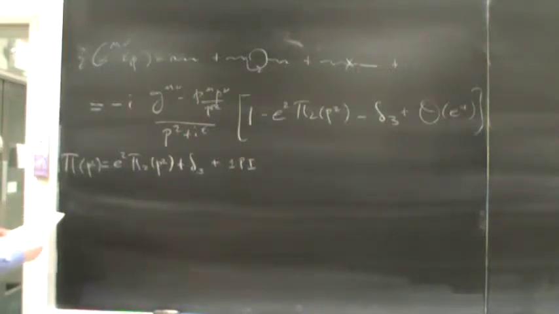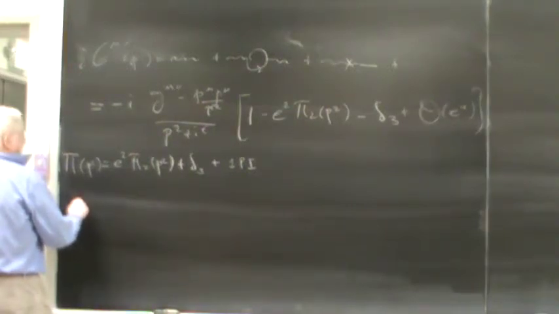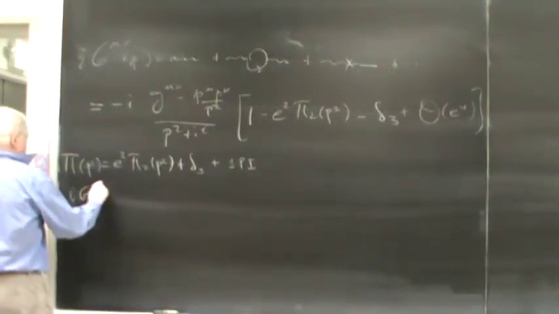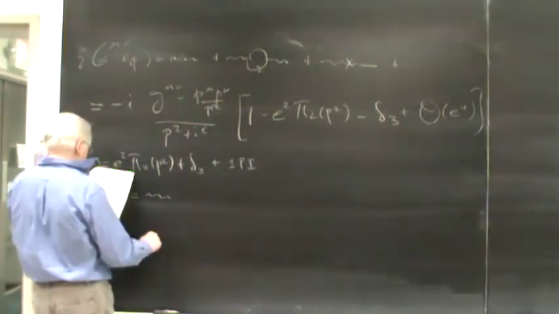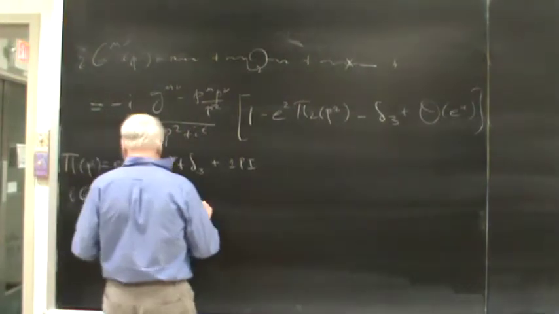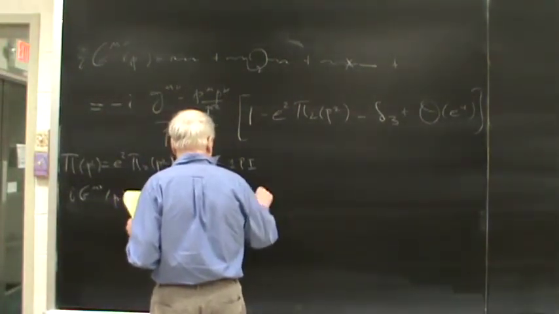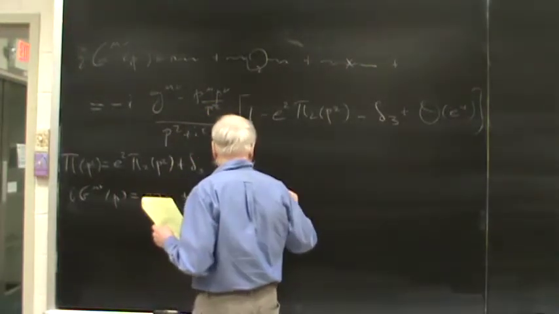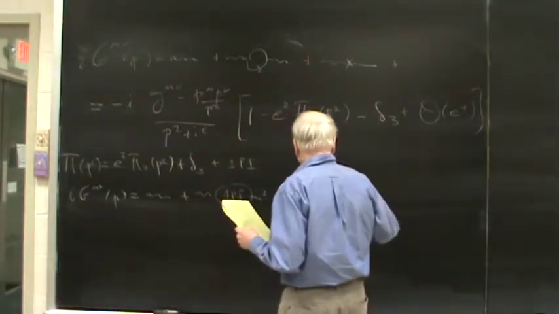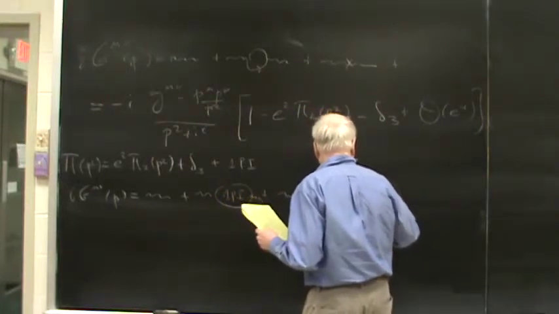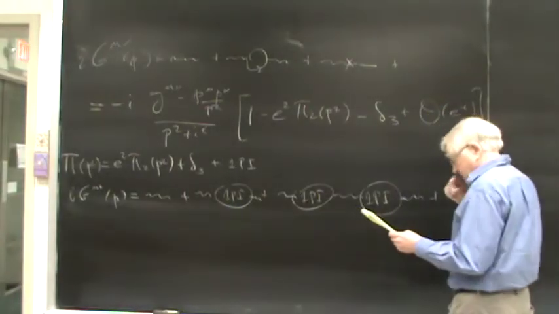All right, so then, if we're going to be computing this i g mu nu of p, then we're going to say the lowest order term plus 1 particle irreducible, 1 particle irreducible, plus dot dot dot.